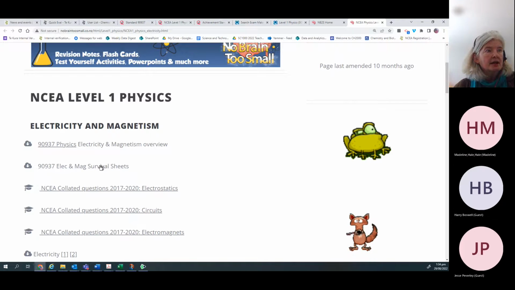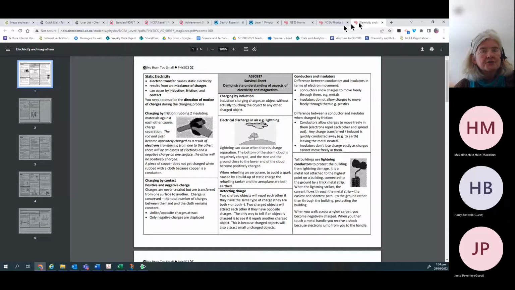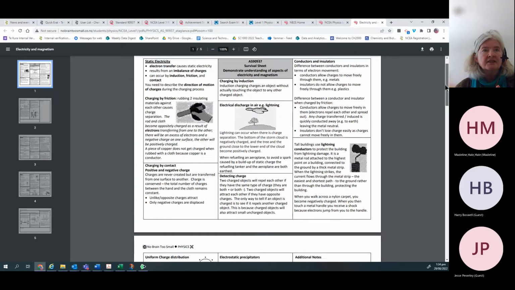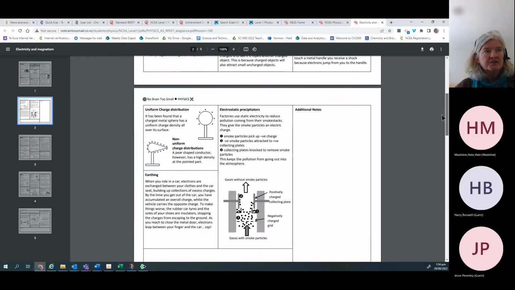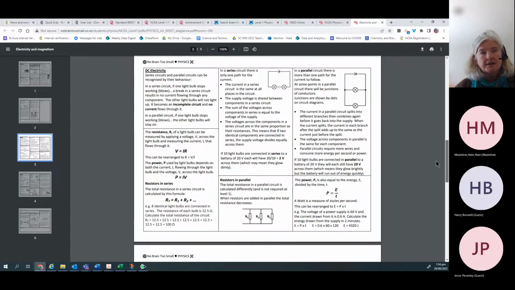And if I look at something like this, you can see what's up here. They have a summary sheet. So if you want to have like crib notes while you're trying to work out what you know while you're learning, they have got all about a page on static electricity. Then they, okay, 2 pages on static electricity. Then they've got a page on circuits.